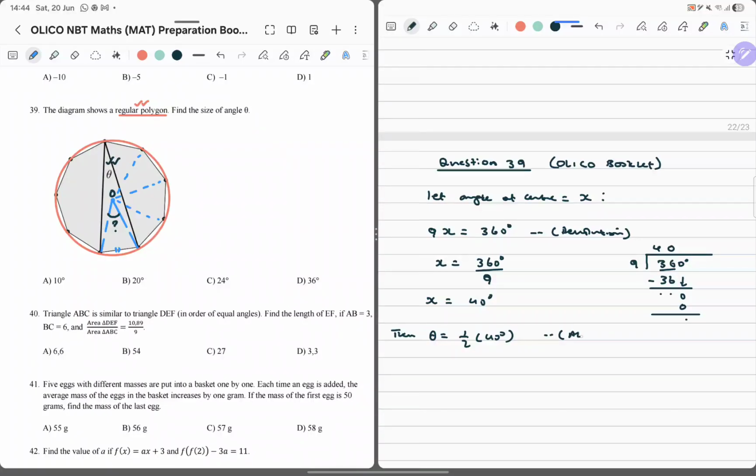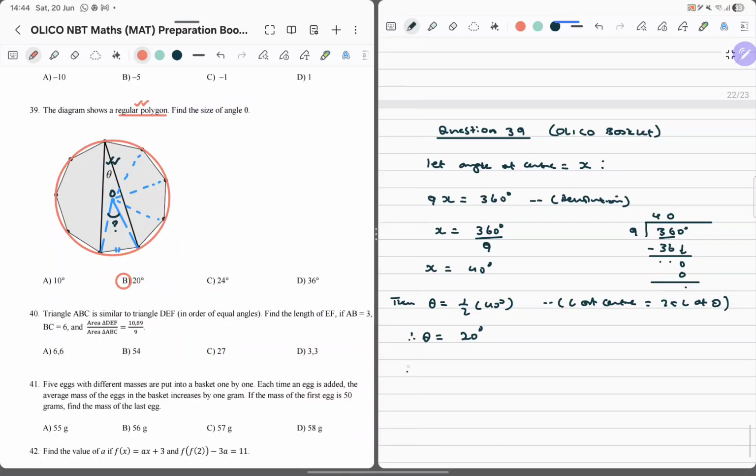We know that angle at center is equal to 2 times angle at circumference. I'm tired, guys, so therefore theta is going to be 20 degrees. The answer is option B. Right. Therefore, our answer there is B.